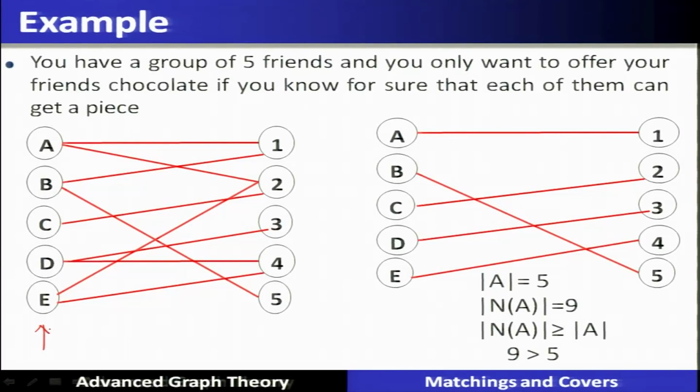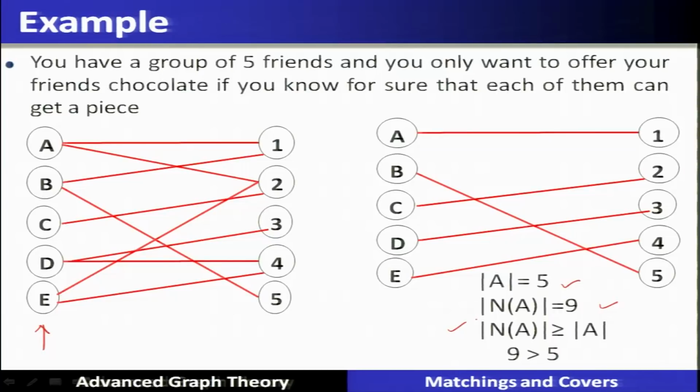So, the size of A is 5, and if we count the neighborhood, how many different edges or preferences there are, it comes out to be 9. So, we can see whether we can come out with a matching.